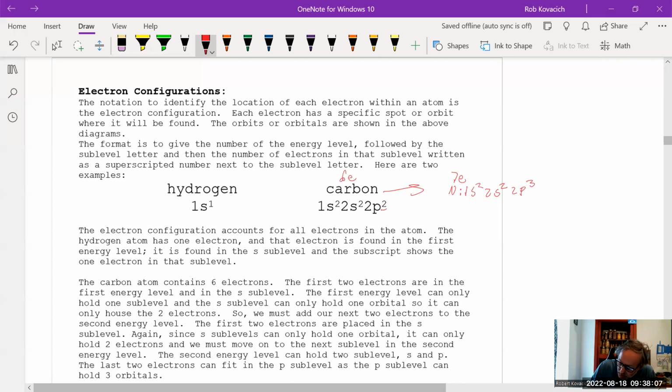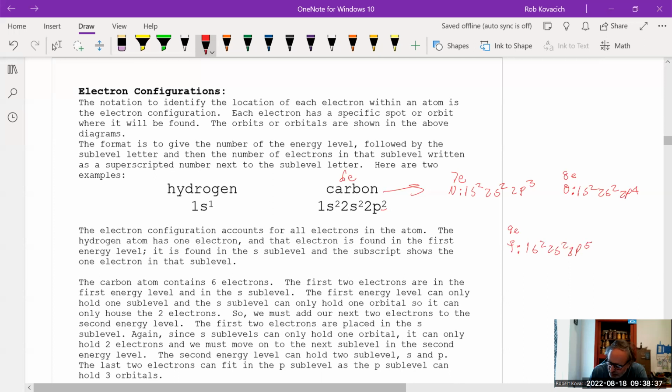And if I go to 8 electrons, which is oxygen, 1s2, 2s2, 2p4, because that p sublevel can still hold electrons. It can hold 6 total. So then if I go to 9 electrons, that's going to be fluorine. And so then we've got 1s2, 2s2, and then we've got the 2p5.